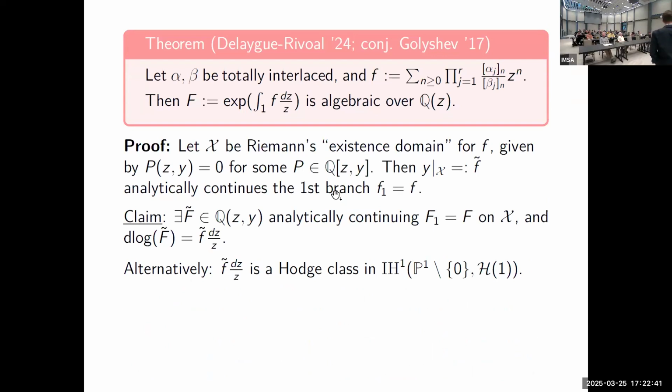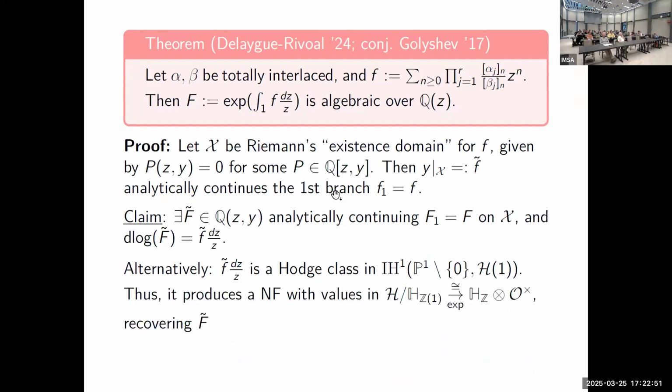Well, to do this, we need to think in terms of normal functions, or at least there's a particularly elegant way to do it using normal functions. So f tilde dz over z is a Hodge class of that IH1. So it produces a normal function with values in H over H_Z^1, which you exponentiate into H_Z tensor O cross. And that recovers f tilde.